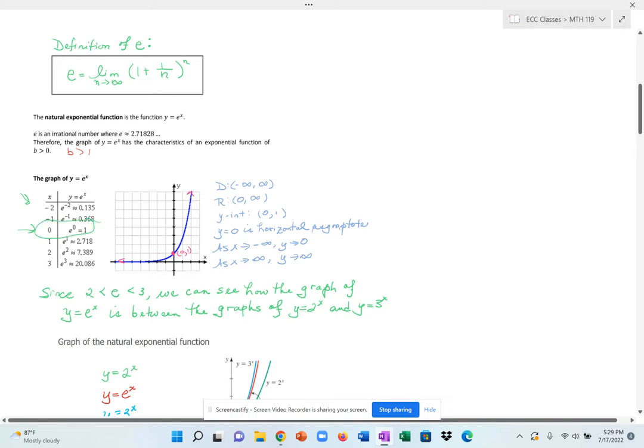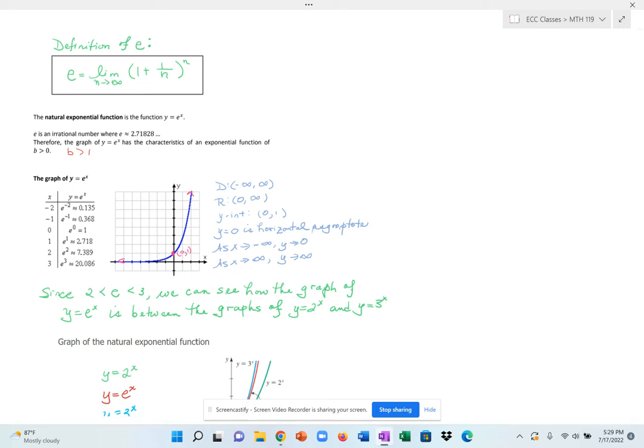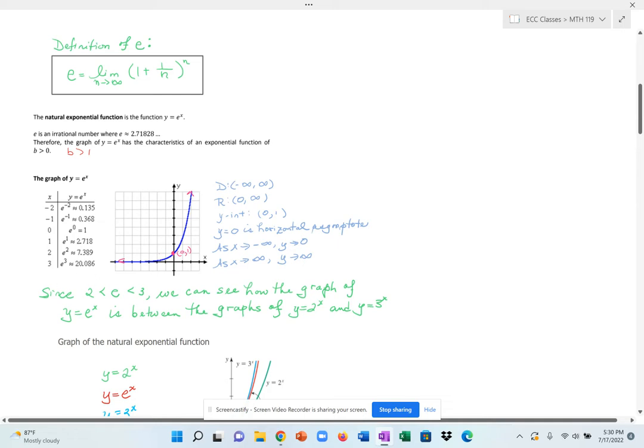Again, that is your y-intercept. When x is 1, e to the first power is about 2.718. When x is 2, e squared is about 7.389. When x is 3, e to the third is about 20.086.